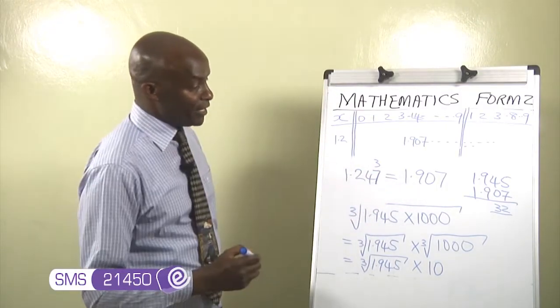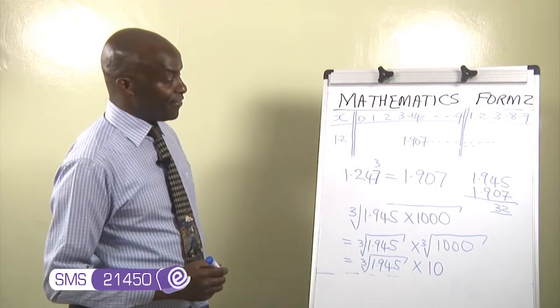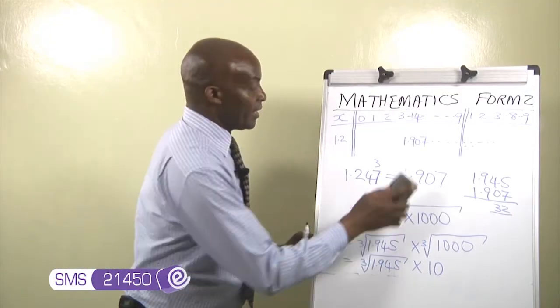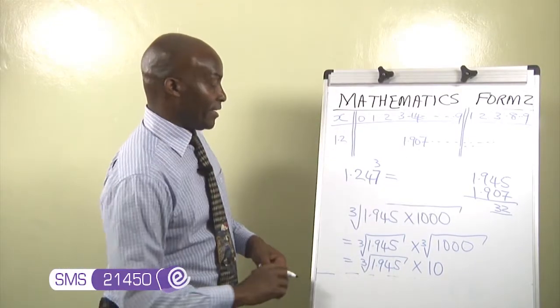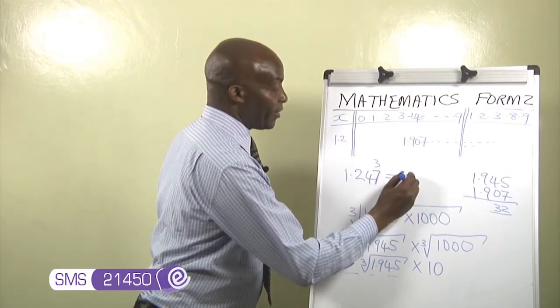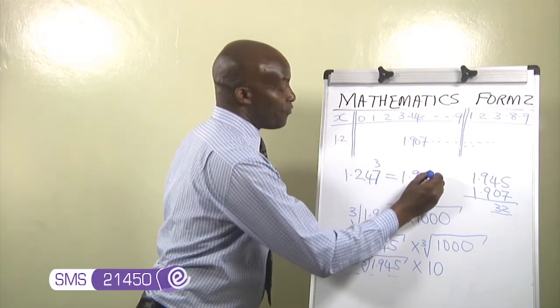It will be 7. And that will give me approximately 1.945.